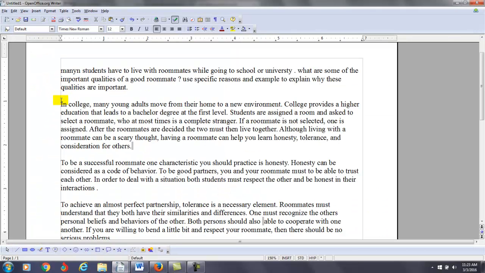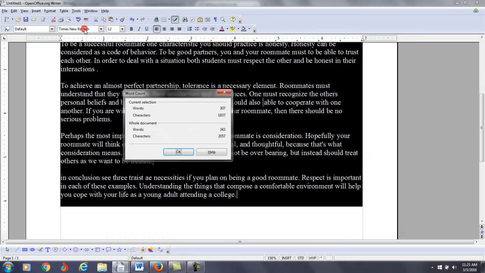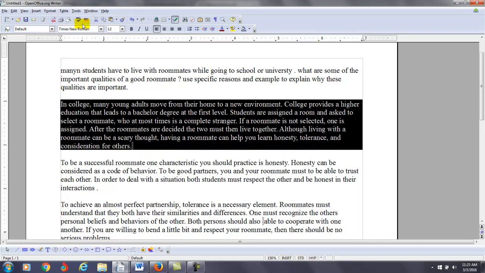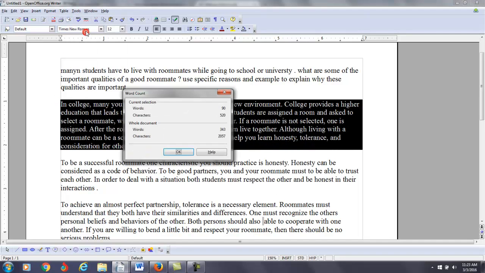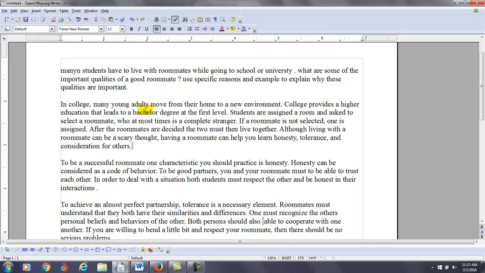Okay, so first of all, let's get a quick word count to see how we're doing. Not bad, 307 words. I'd like you to get 350 to 450, but let's take a look at your introduction. Pretty good. So you say, in college, many young adults move from their homes, I would put, to new environments.